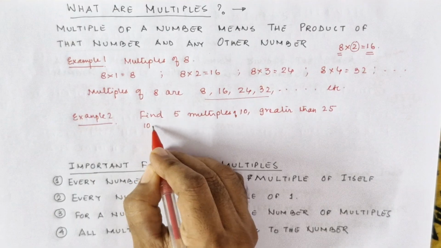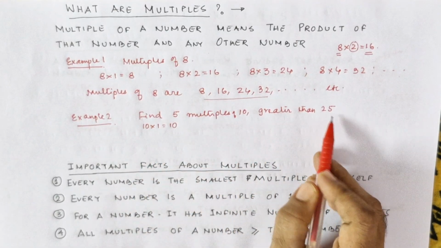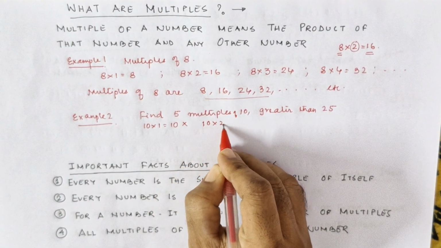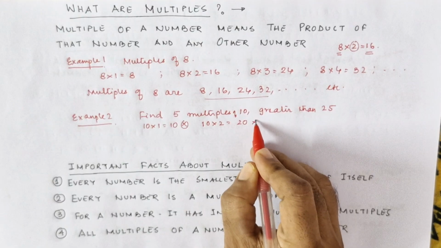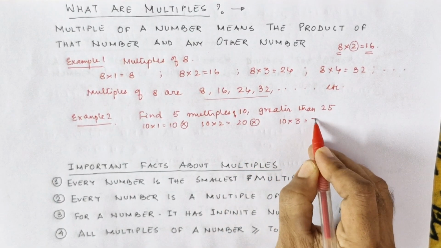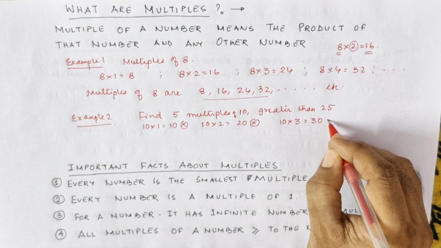If I start from 1, 10 ones are 10, which has to be greater than 25, so I will not consider this. 10 multiplied by 2 is 20, I will not consider this. 10 multiplied by 3 is 30, it's greater than 25, so I'll consider this.